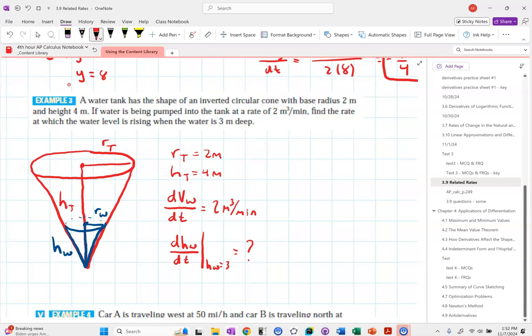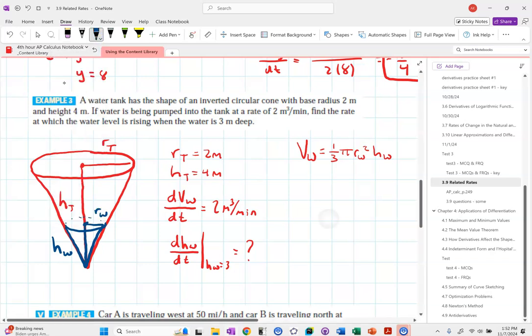What equation relates the volume, the radius, and the height? Volume of a cone is pi r squared times height, over 3. So far, so good?